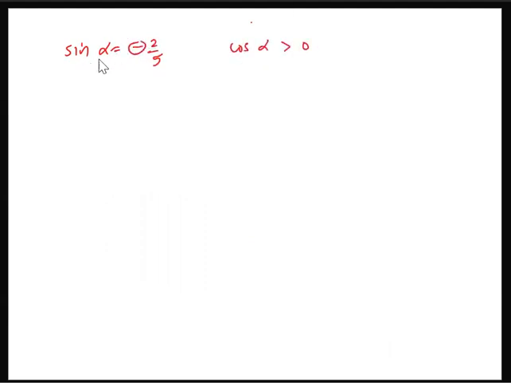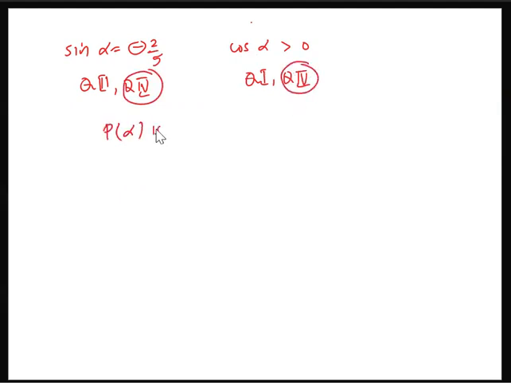Since sine is negative, the terminal point of alpha is in quadrant 3 or quadrant 4. Cosine of alpha greater than 0 means that cosine is positive, and that means the terminal point of alpha must be in quadrant 1 or 4. So the common quadrant is quadrant 4. So P of alpha is in quadrant 4.